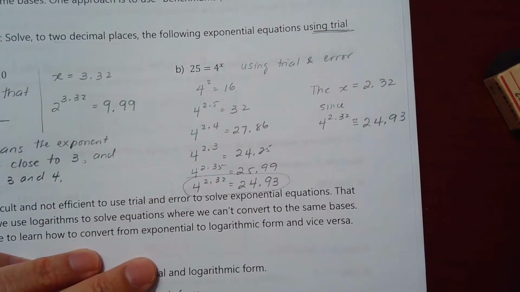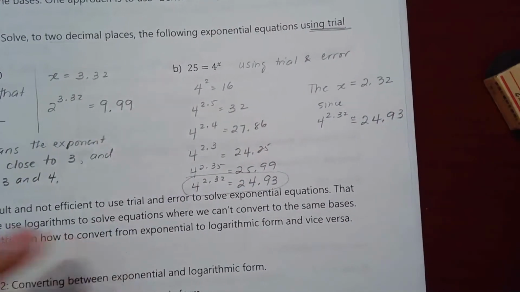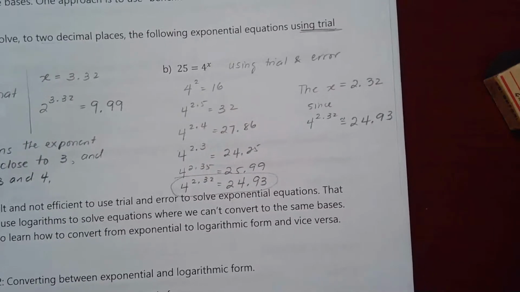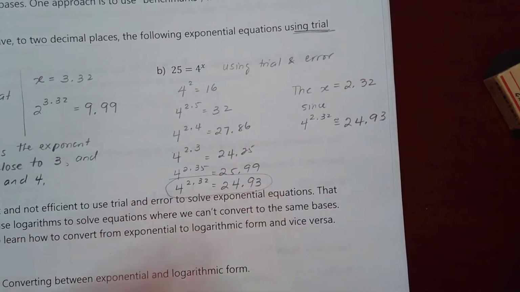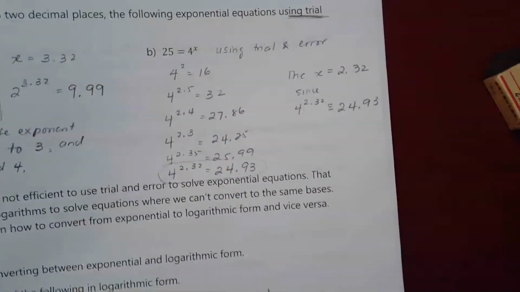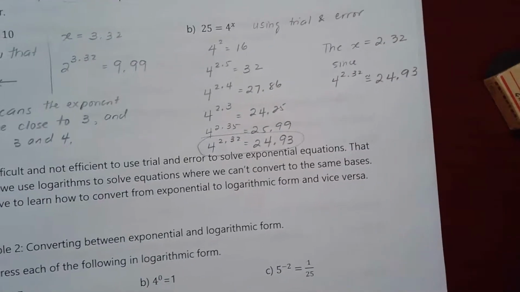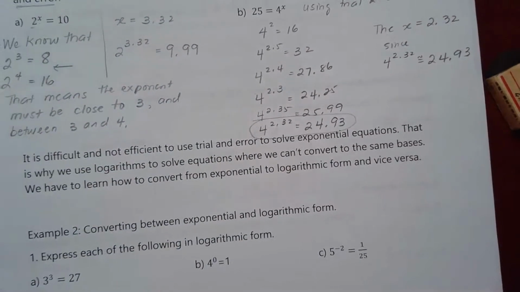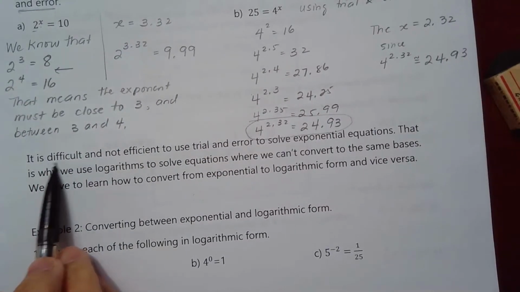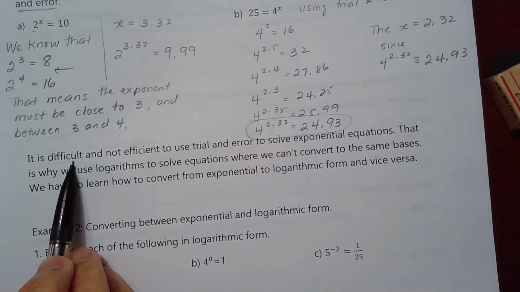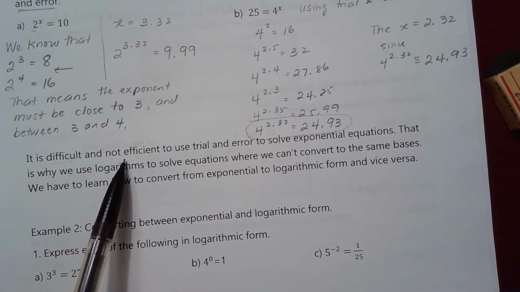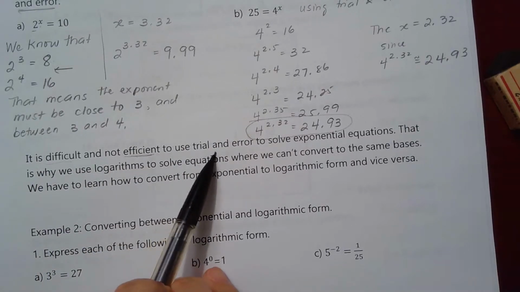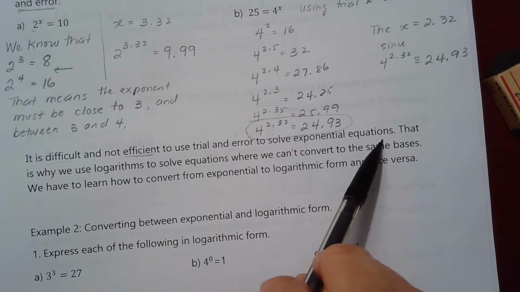Okay, so like I said, this is not an efficient way of figuring out this exponential equation, but that's a start to understanding logarithm. It is difficult, as we can already see. It took us almost 15 minutes to do that. It is difficult and not efficient to use trial and error to solve exponential equations.